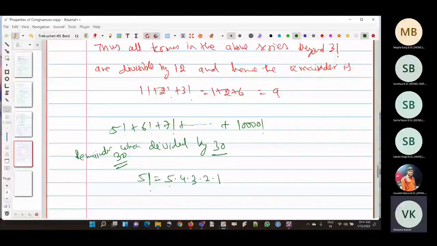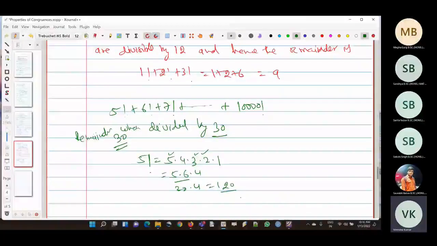You see 5 is there and 3 times 2 is there, so 5 times 6 times 4, here 30 is there, and times 4 we get 120. And certainly 120 is divisible by 30. So what would be the remainder when this expression is divided by 30?